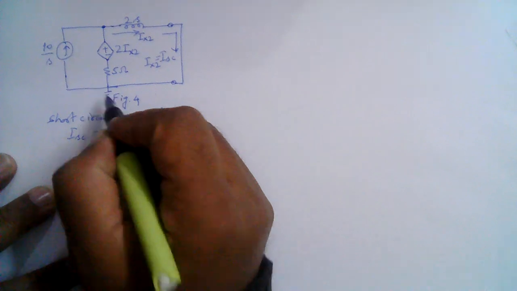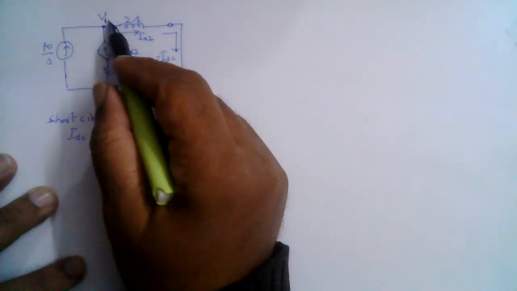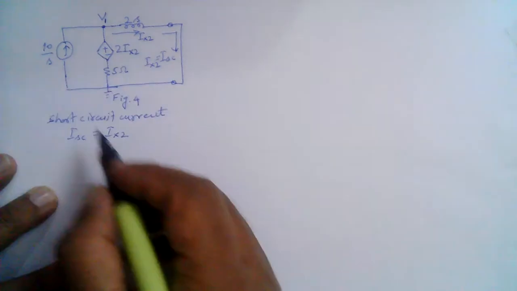This is the reference node. Let's call this V1, right? And V1 divided by 2S will be Ix2 or ISC, whatever we call it. So let's apply this, write the equation for this node.